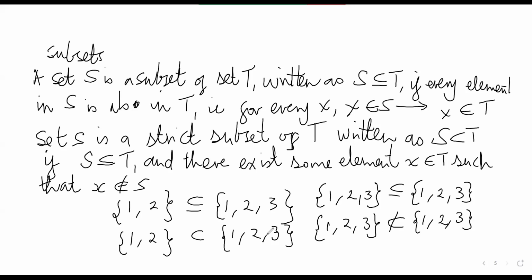It's not a strict subset because we don't have an element here that does not belong here. All elements in S belong to this one. So this set S is not a strict subset of this one.